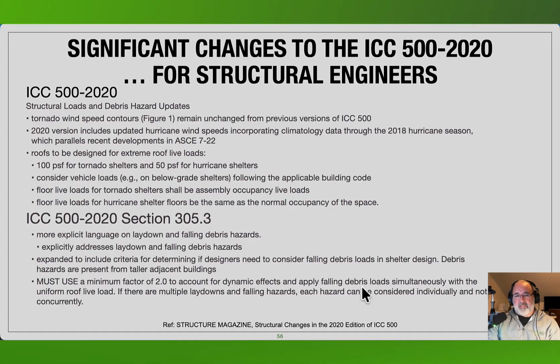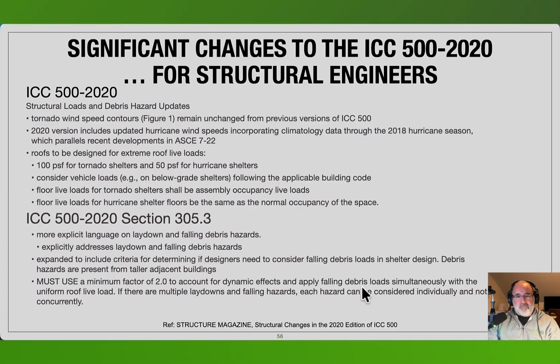Other significant changes to ICC 500 2020 for structural engineers: structural loads and debris hazard updates. The tornado wind load contours remained unchanged from previous versions. The 2020 version included updated hurricane wind speeds, incorporating climatology data through 2018, which parallels some of the recent developments in ASCE 7-22.